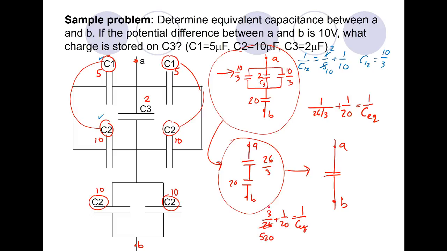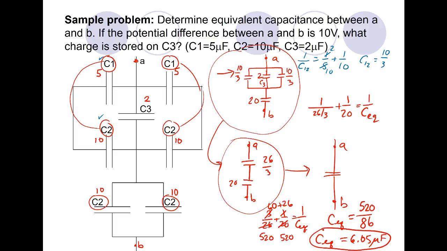Maybe you can do better, but this one, for example, is 20, so that's going to be 60 right there, and this will be times 26, so that'll be 26. So that means that C equivalent is going to be 520 over 86, which I have calculated out to be approximately 6.05, and then we finally put a unit, microfarads.